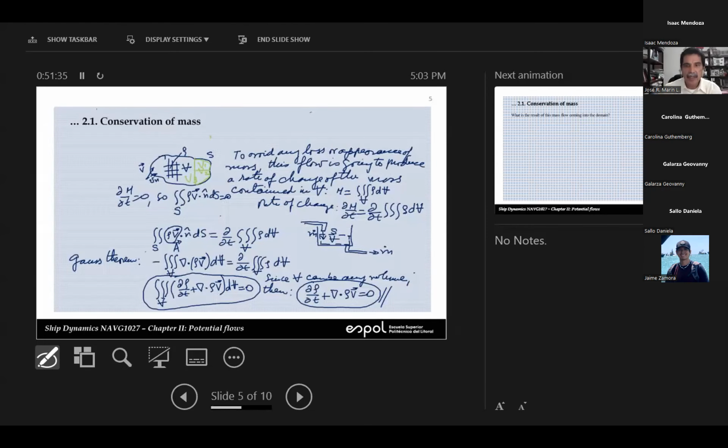Can you see my screen again? Yes, but not full screen. Not full screen. Yeah. Stop sharing.